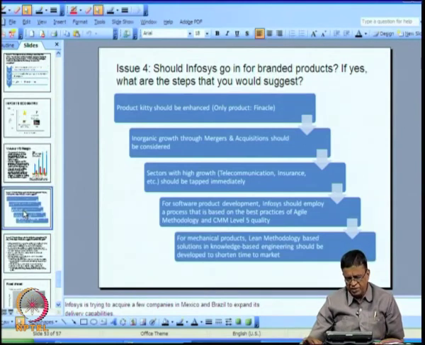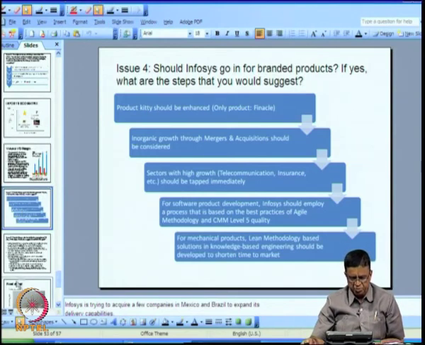The students say that productivity should be enhanced, that is, it may be better to look at more products added to this. So, what are the steps suggested? Inorganic growth through mergers and acquisitions, then sectors with high growth to be tapped immediately.